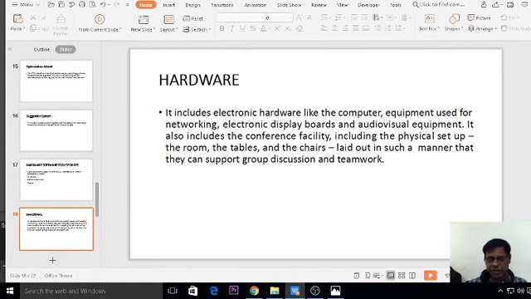If I come and give a lecture, I have to set up things first, the tables and chairs laid out in such a manner that they can support group discussion and teamwork, so that we can communicate with the systems.